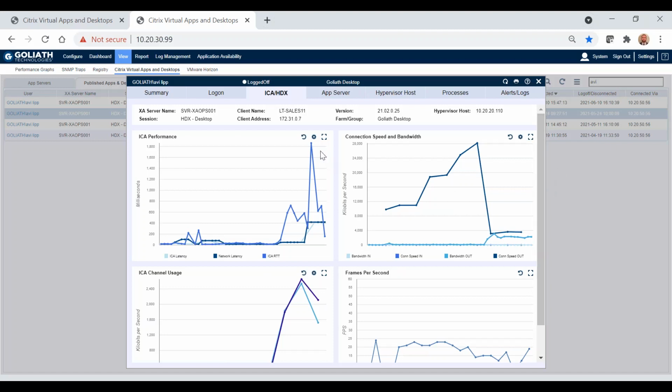So from here, we were just touching on round trip time. On that summary screen, we can see it's also displayed here with round trip time. You have network latency, ICA latency. Then at the top right, you have bandwidth metrics such as connection speed available for that user wherever they're working from for Citrix, and also bandwidth out. How much was that user actually utilizing?